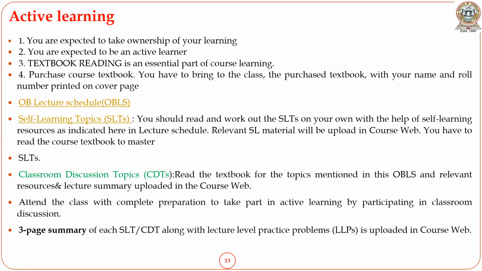For the classroom discussions, CDTs, read the textbook for the topics mentioned in the OBLS, and the relevant resources and lecture summary are uploaded on the course web. Attend the class with complete preparation to take part in active learning by participating in classroom discussion. And a 3-page summary of each SLT and CDT, along with the lecture level practice problems, LLPs, is uploaded on the course web page.